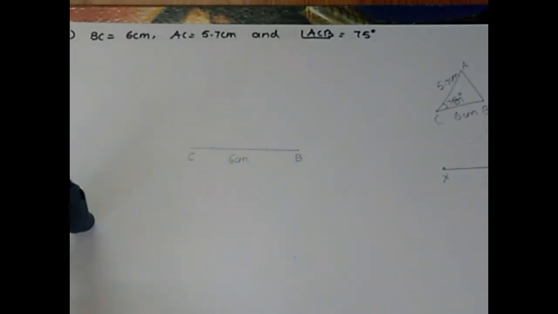Now how to construct 75 degrees? Keep an eye here, children. Straight away we cannot construct 75 degrees. So before I move on to the actual construction, I'll just explain. First we need a baseline.